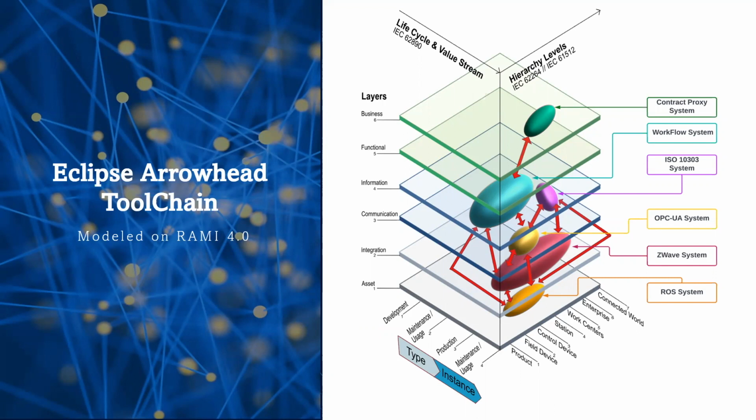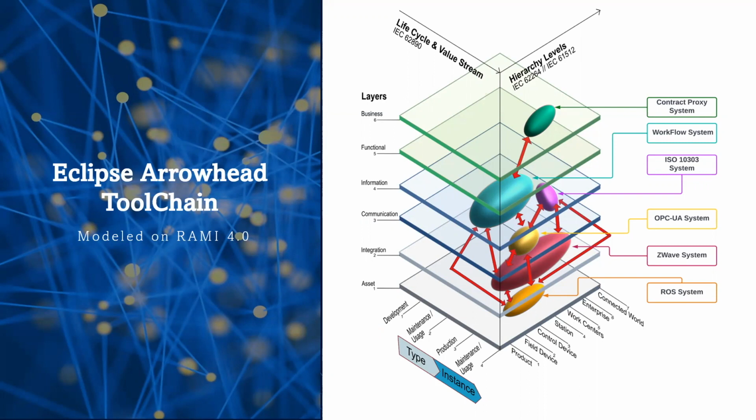A tool chain may consist of only a few, not necessarily consecutive stages of the engineering process, for the whole product lifespan, typically of generic infrastructure products, even iteratively up to the end of life phase. The Eclipse Arrowhead framework toolchain is represented using RAMI 4.0.